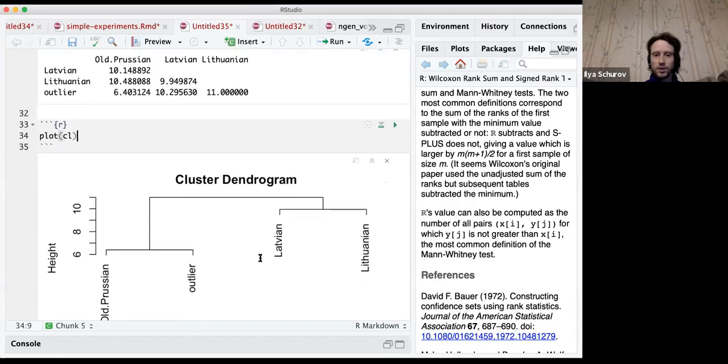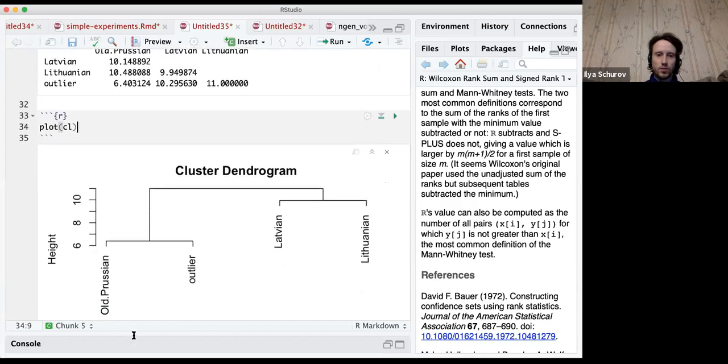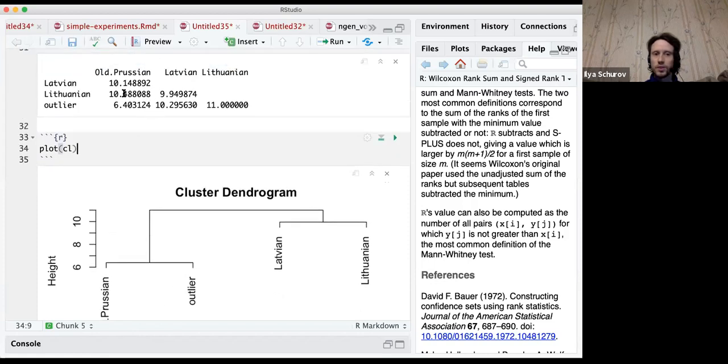Here you see that this algorithm first of all united the Old Prussian and the outlier column. This is reasonable to expect because this distance is the smallest. Then it united Latvian and Lithuanian. That is also reasonable. And on the last step, it united this cluster and this cluster. So this is our dendrogram.